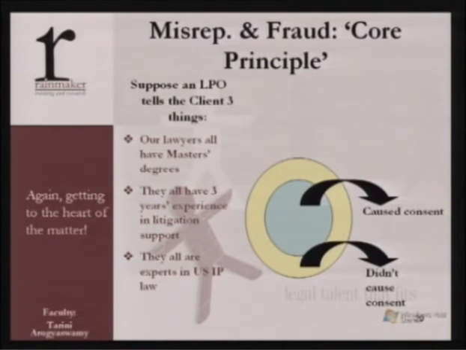However, if the LPO has deliberately misrepresented to the client, then we have a situation where the contract can be vitiated, can be voidable by the client. We would say that there are legally vitiating factors present that make this contract voidable. The legally vitiating factor in this situation was that the consent was arrived at through misrepresentation and fraud.